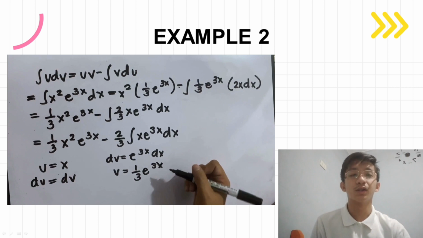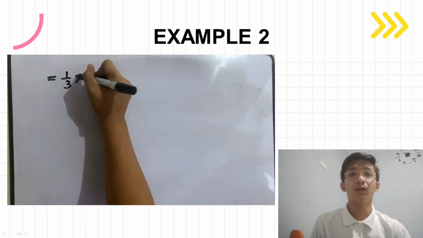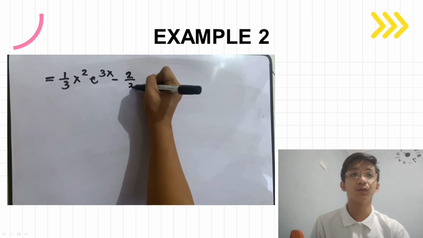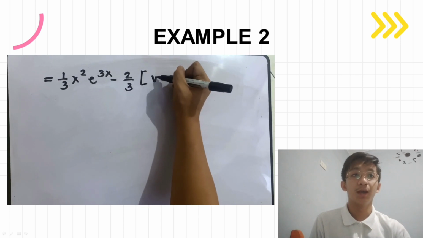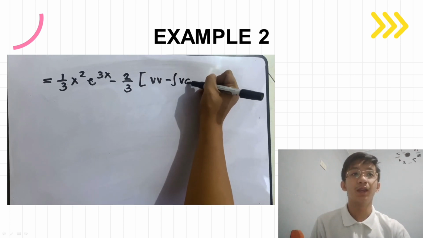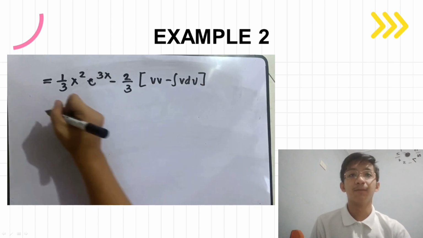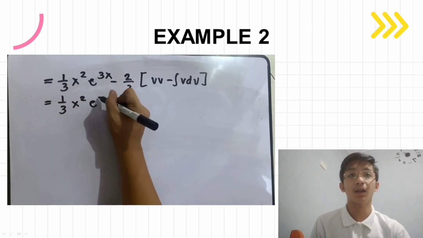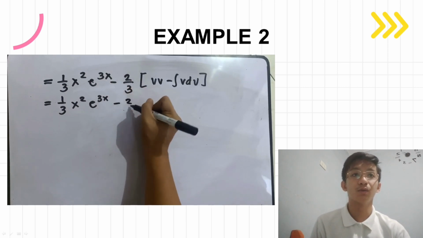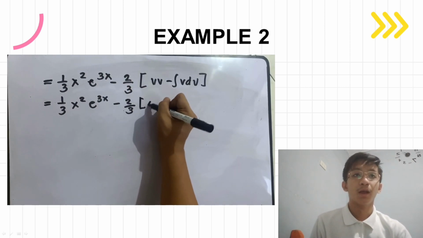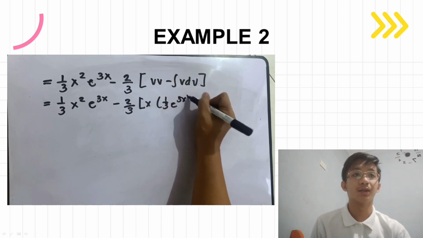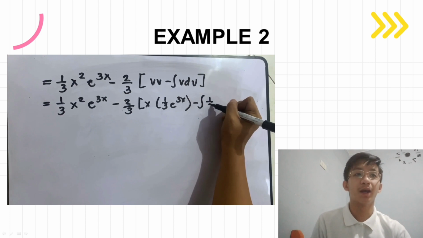And lastly, to solve this problem, equals 1/3 x squared e^(3x) minus 2/3 times uv minus integral of v du. Then simplify it again: 1/3 x squared e^(3x) minus 2/3 times x times 1/3 e^(3x) minus integral of 1/3 e^(3x) dx.